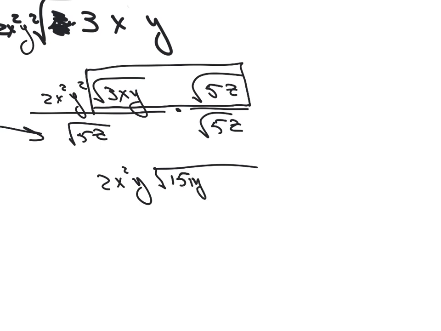X, that's not an X, X, Y, and Z. We just take these two and this one and stick them together. And that gives us 5Z on the bottom, because when we multiply by whatever's on the bottom here, it works easier when the index is 2, like that last one. When the index is 3, it's kind of a pain. But when it's an index of 2, it makes life so much easier.